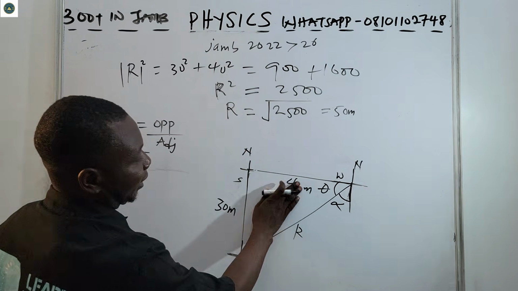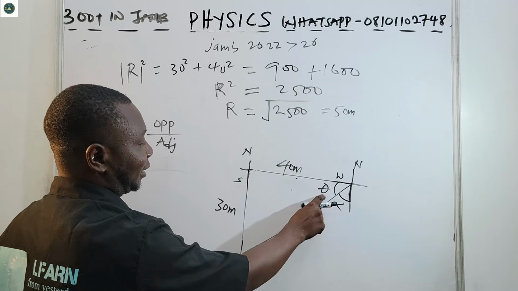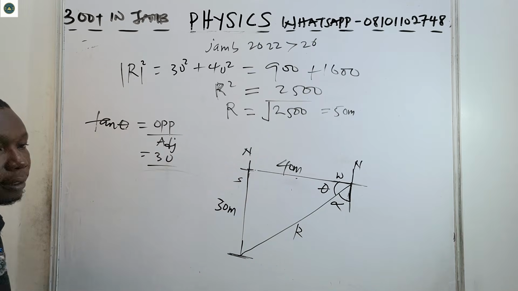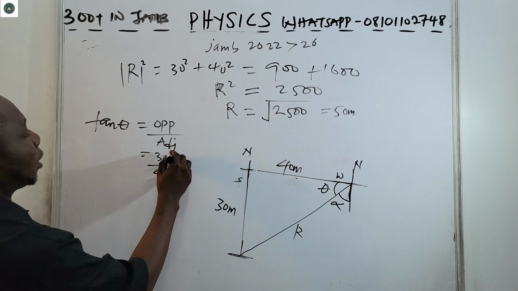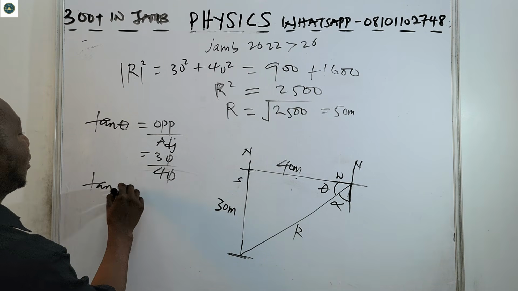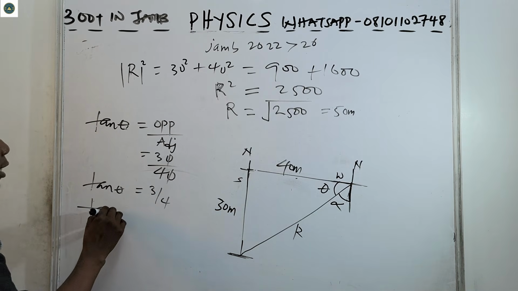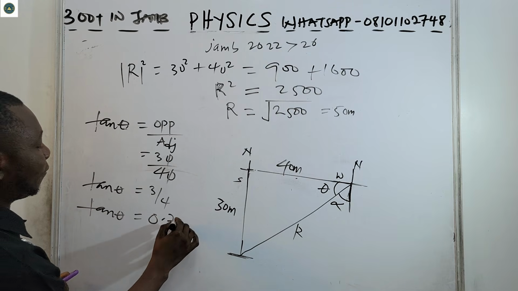Now, if theta is here, let me clean this. This is 40 meters. If theta is here, the side facing theta is 30. So that means 30 over the adjacent becomes 40. So 0 will cancel 0. So tan theta is 3 over 4. Tan theta, 3 over 4, that's automatically 0.75.